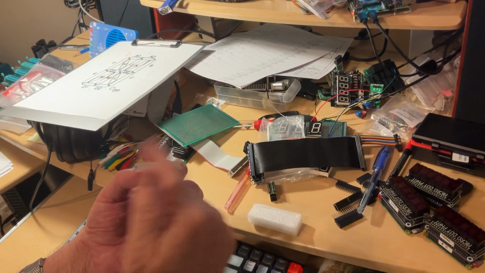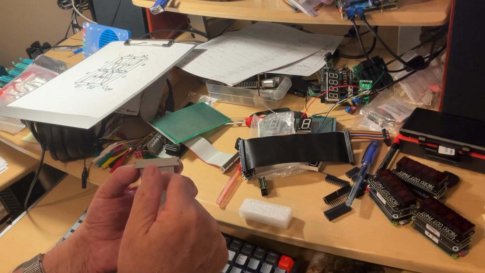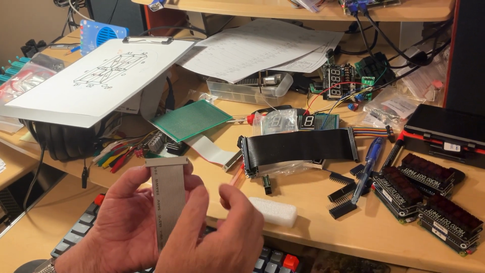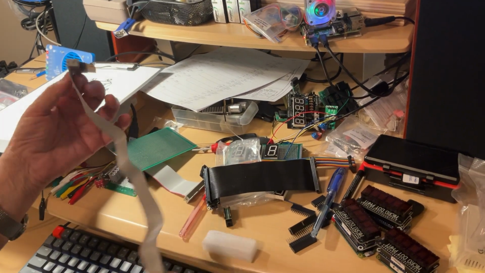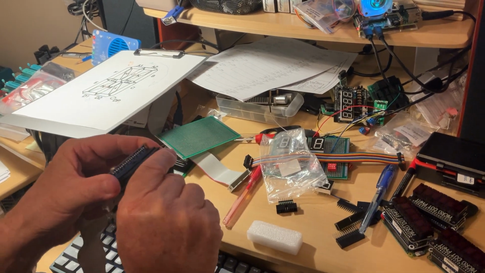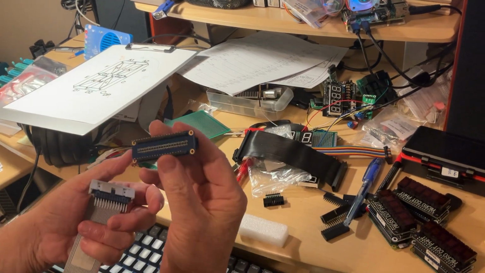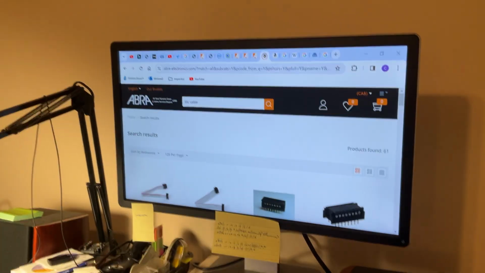You can use one of them for the common. And there are exactly 17 pins remaining, 16 for the segments and 1 for the decimal point. So that's a good one to use, okay? So this one here, plus the cobbler, which is similar to this one, but only with 26 pins, okay?